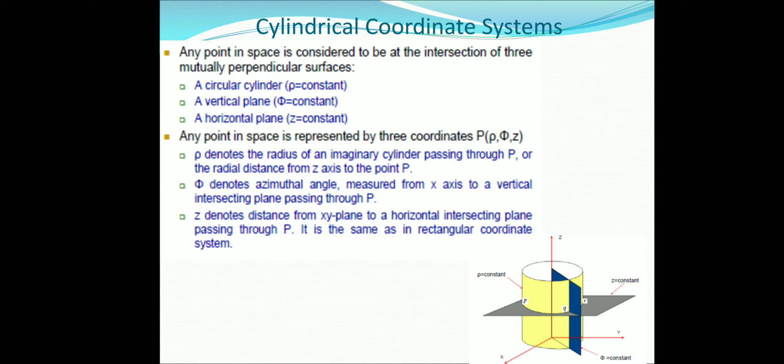So the plane similar to the rectangular coordinate system is the z plane. These are the three planes we use to represent the cylindrical coordinate system.